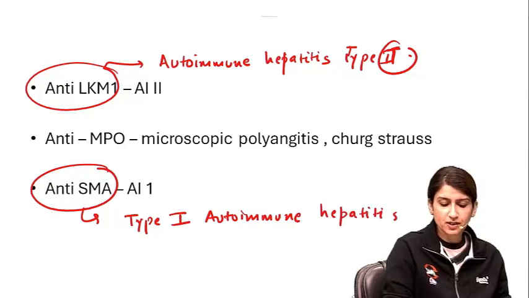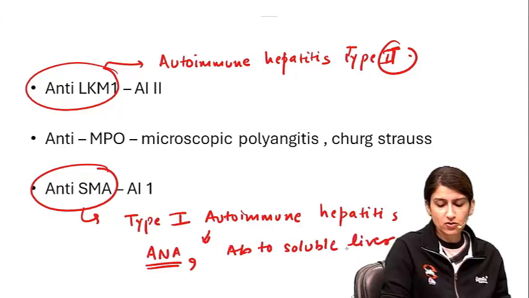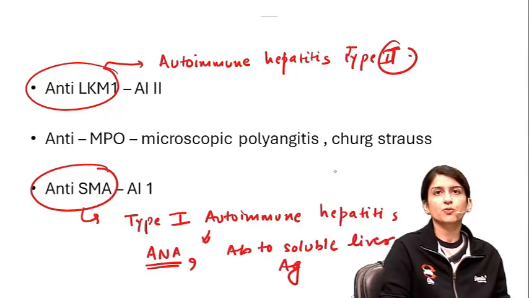I also see ANA, and I also see antibody to soluble liver antigen. These are also seen in patients of type 1 autoimmune hepatitis.